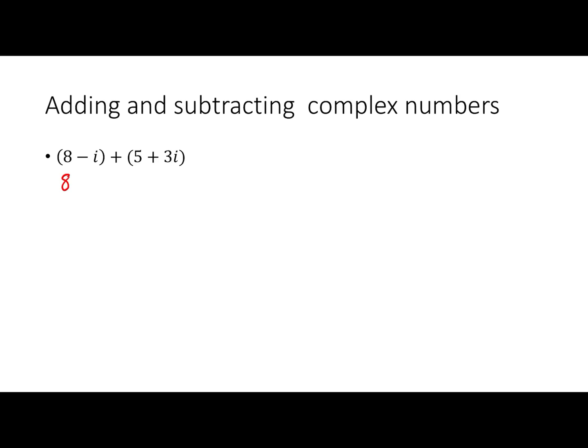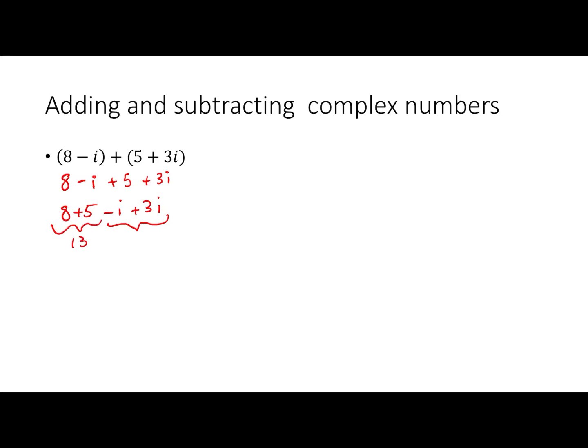Okay. So I'm going to write down 8 minus i plus 5 plus 3i. Well, 8 and 5 look alike, so those are going to be added together, 8 plus 5. And then we have negative i plus 3i. These are together, and these are together. 8 plus 5 is 13.